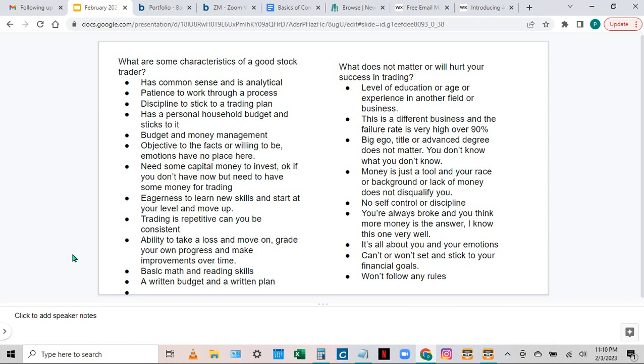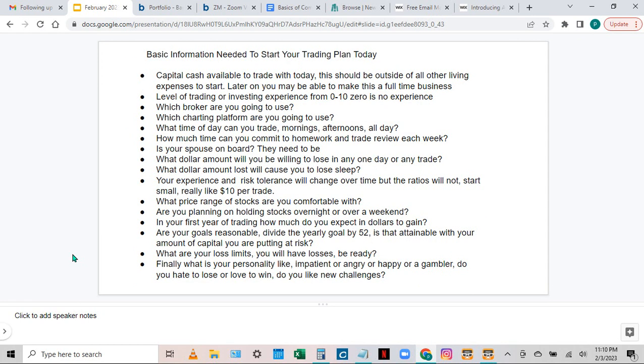So here's a slide of some basic information you're going to have to put together, preferably on a piece of paper or maybe in electronic format, whatever you wish to do. I personally write stuff down in my journal on paper. I go over my trading weekly. I review all my trades when they close, and I review my entire trading activities weekly.